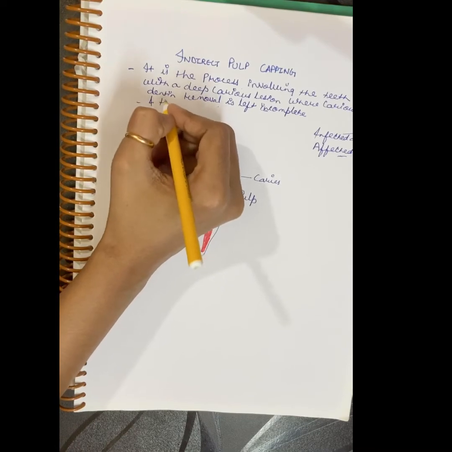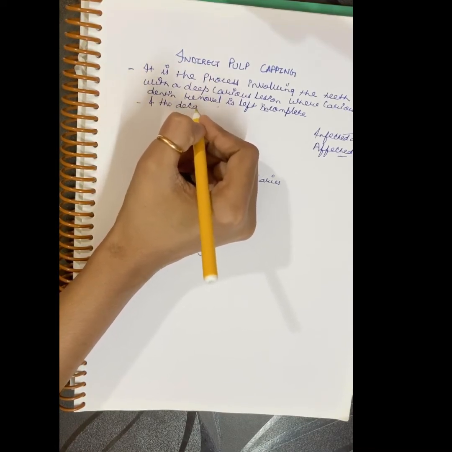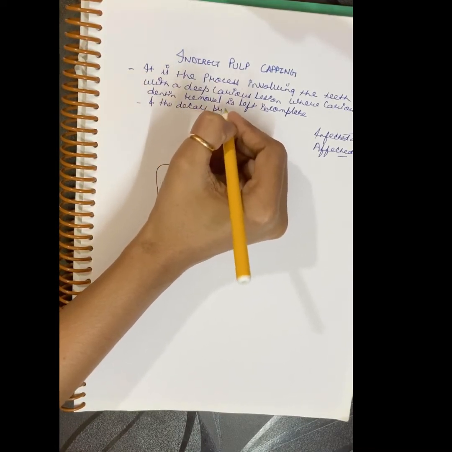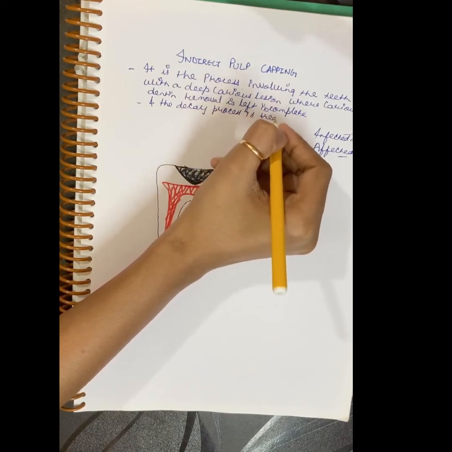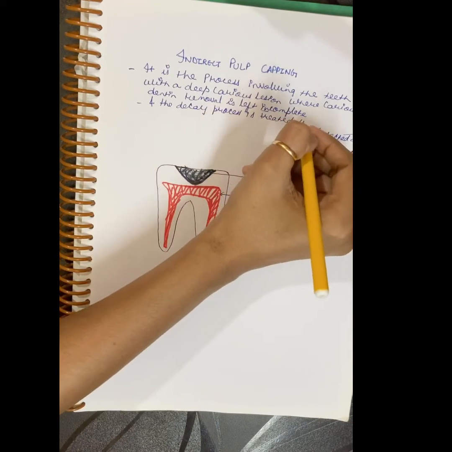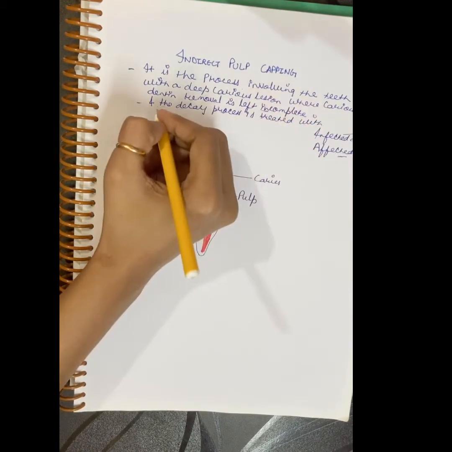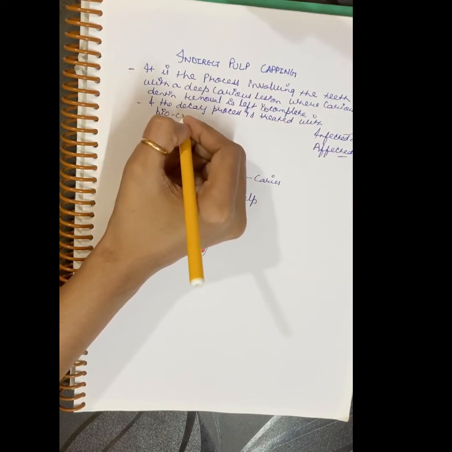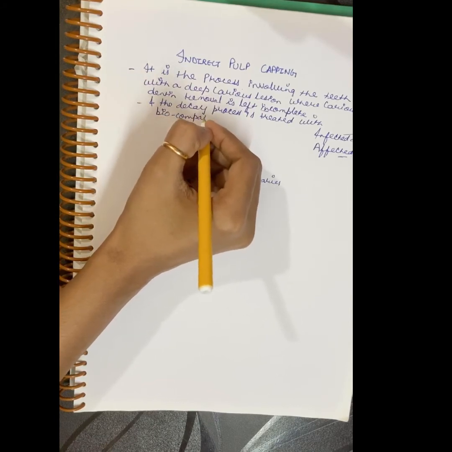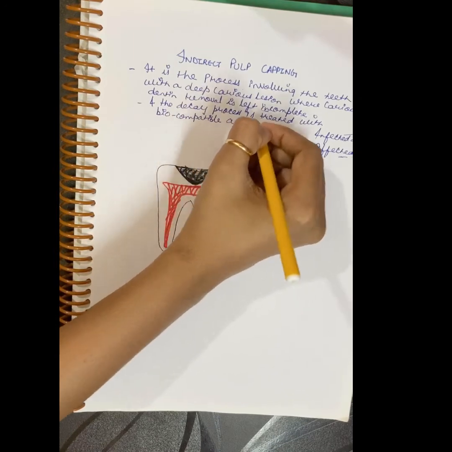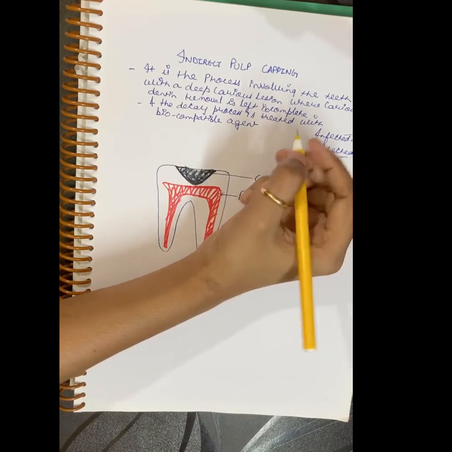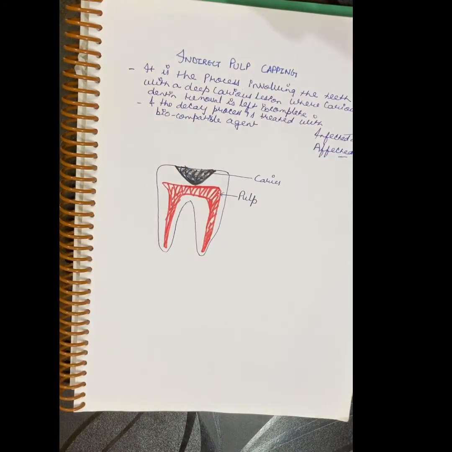And the decay process is treated with a biocompatible agent. Why are we treating with a biocompatible agent?